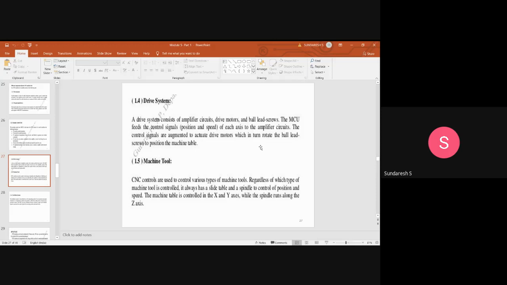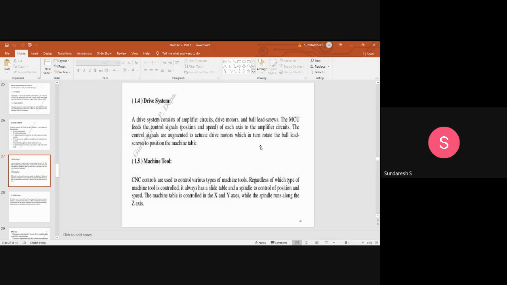If you have a multiple-axis machine system, a 4-axis or 5-axis, whatever it might be, the position and the speed of each axis will first be fed by the MCU to the amplifier circuits, and these signals are then augmented. Those signals are called control signals.